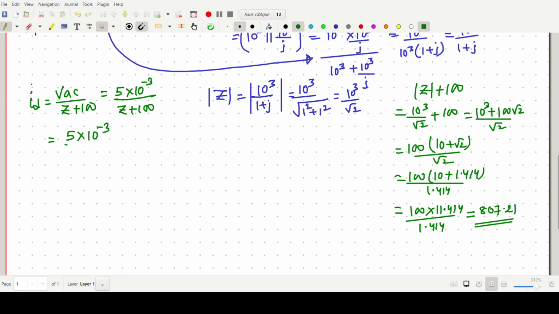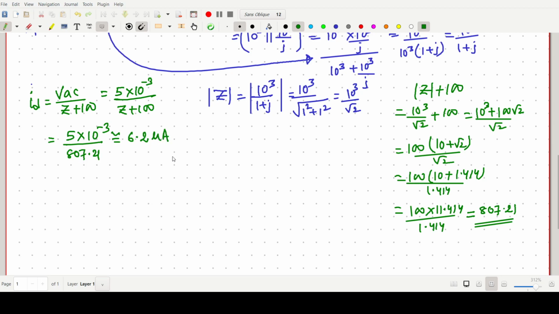Okay. So in this case, now we have to just put the value of this one, 5 into 10 to the power minus 3 by Z plus 100. We have already solved here. So it should be 807.21. Okay. So 5 by 807.21, and we have to write in the microampere. So if we solve this one by using the calculator, 5 by this one, it will come nearly 6.2 microampere.